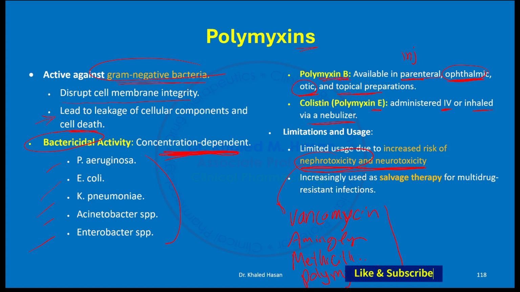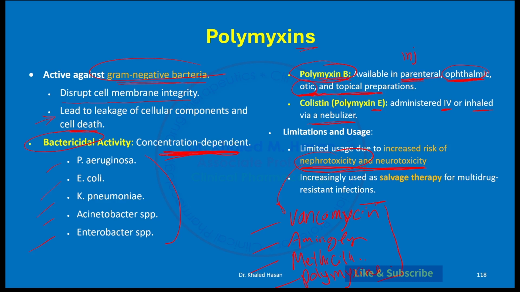So we have a list of medications. The question: which of these antibiotics may cause nephrotoxicity? Vancomycin, aminoglycoside, methicillin, polymyxin. From this slide, we need to focus on two medications: polymyxin B, available parenteral, ophthalmic, or ear drops, or topical ointment preparation.